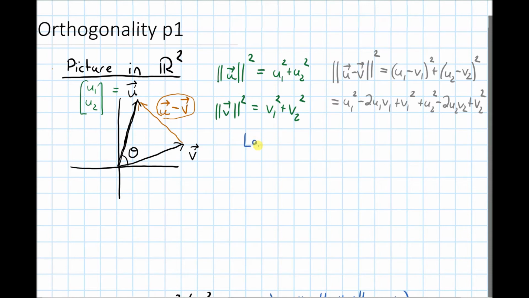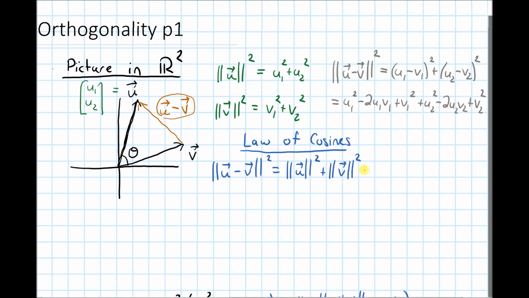Okay, so the next thing I want to do with this triangle that I formed is use some more heavy-duty machinery from pre-calc. I'm going to use the law of cosines. If I do the law of cosines on this triangle, it tells me that the length of the side opposite theta, the length of u minus v, squared, is equal to the length of u squared plus the length of v squared minus 2 times the length of u times the length of v times the cosine of the angle in between them.